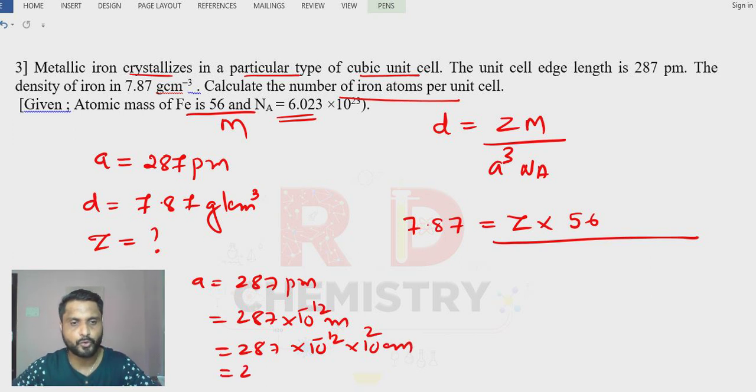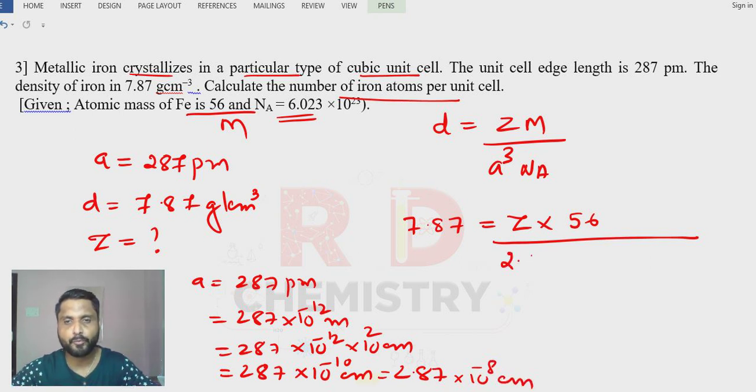So this is equal to 287 into 10 power minus 10 centimeter, or 2.87 into 10 power minus 8 centimeter. So I can write 2.87 into 10 to the power minus 8 cubed, correct? And Avogadro number is given. Avogadro number is equal to 6.023 into 10 power 23.